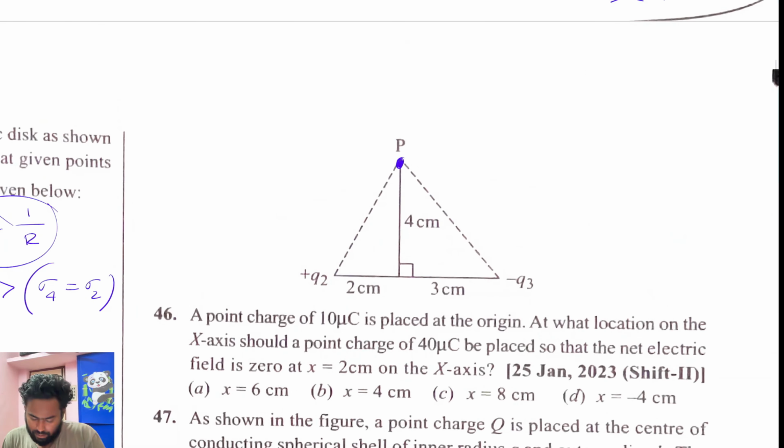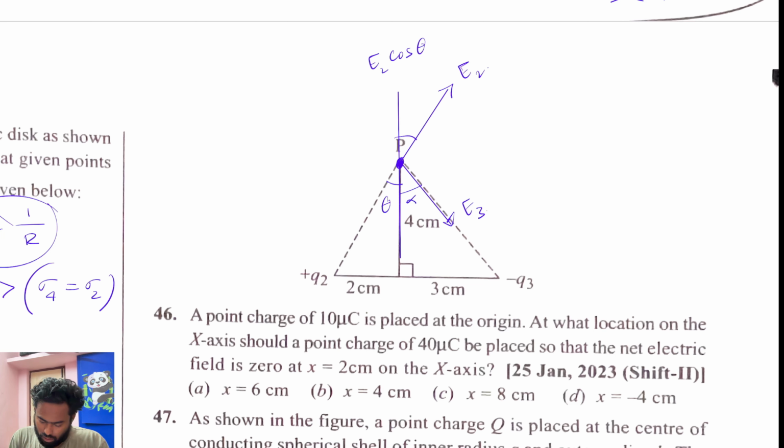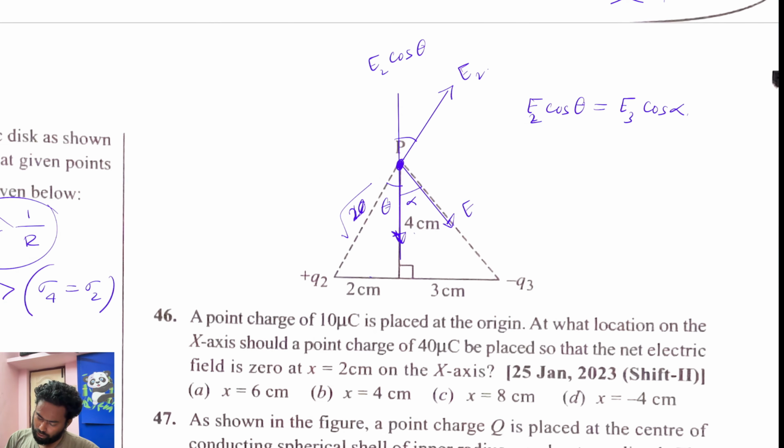So along the y axis, see here, q2 will give a field in this direction, away, and q3 will give in this direction. So E due to 2 and E due to 3 along the y direction is 0. If this angle is theta, this angle will also be theta, so here will be E2 cos theta. If this angle is alpha, this is the component of E3 along this one. Now we put the value of E2 due to charge q2: k Q2 upon distance 20 square, into cos theta, 4 by root 20.